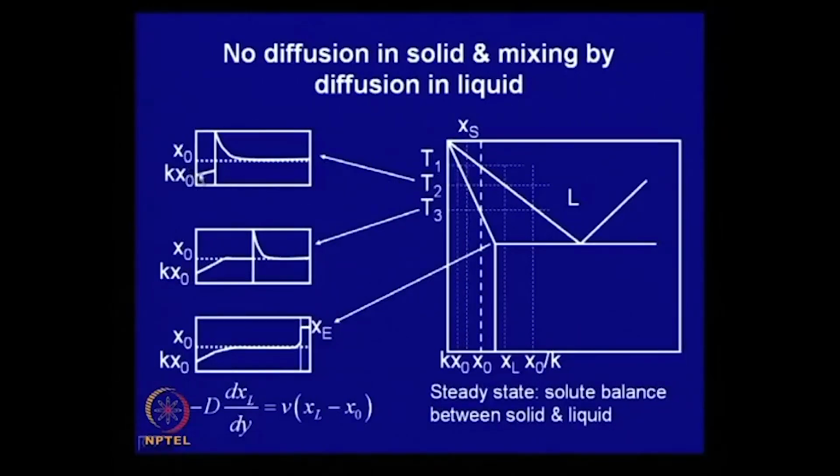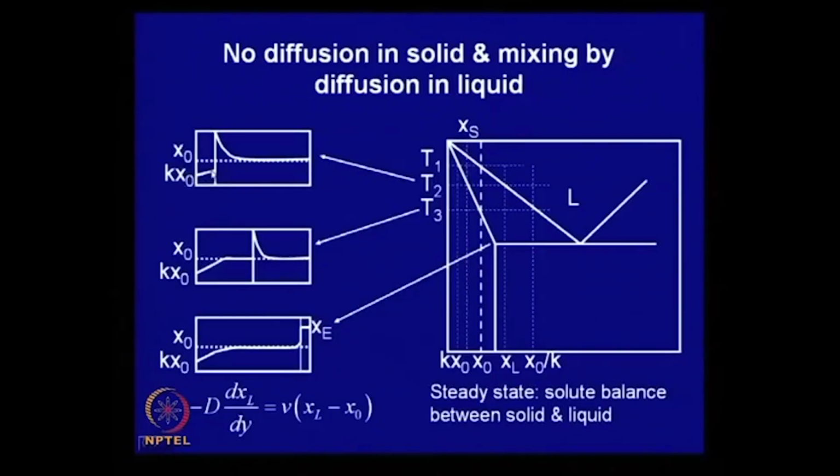As we have seen, the first solid that will solidify will have the composition k, the partition coefficient, times x naught. This is the initial solid, and the final solid at that solid-liquid interface will have a composition given by x s, at this temperature, at any point on this solidus line.